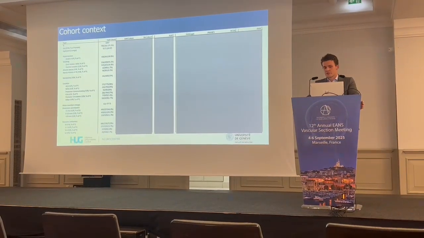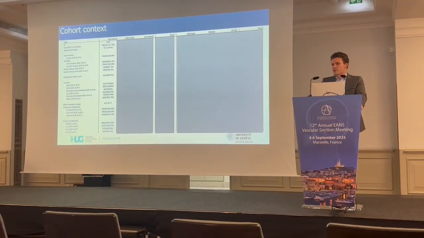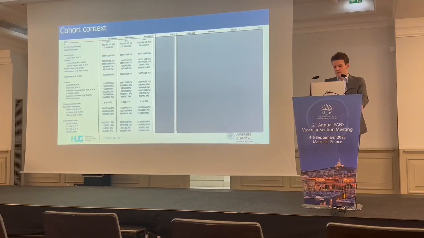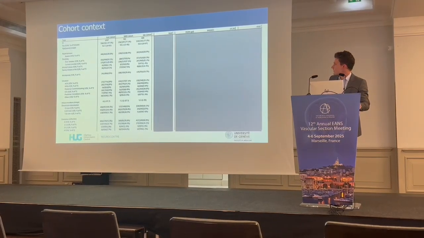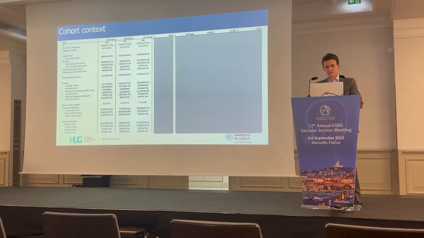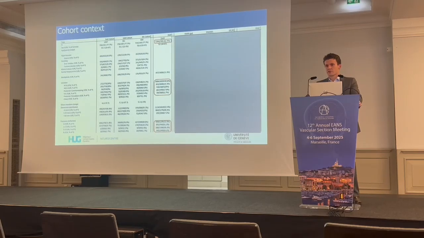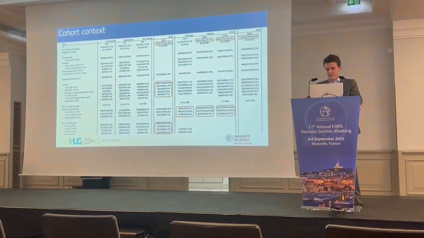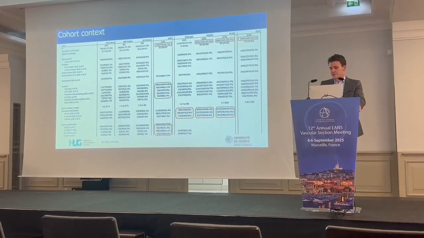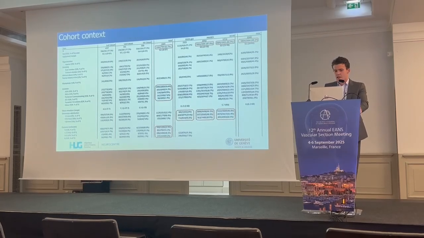Now, concerning our results. We firstly compared our cohort to other reference cohorts in intracranial aneurysm by dividing it in ruptured and unruptured parts. We compared the ruptured part with ISAT, and the unruptured part with ISUIA, PHASES, UCAS, and ISDC.